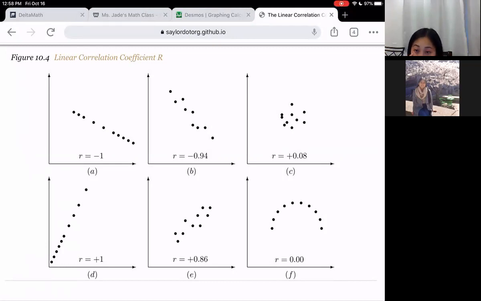So if your correlation coefficient is closer to 0, such as in image C, where the r value is 0.08, then you have a picture that looks like this. It's not really linear. Okay? If you look at image D, you can see that the dots form a straight line, but this time it's increasing.